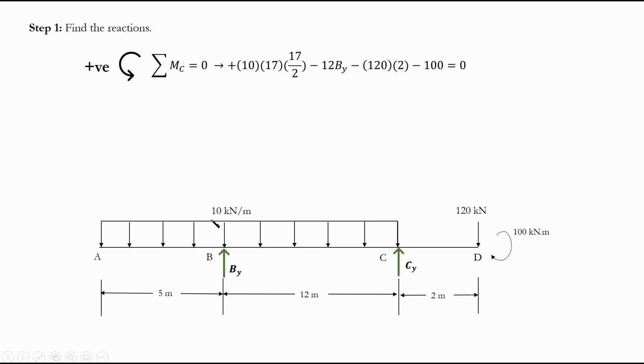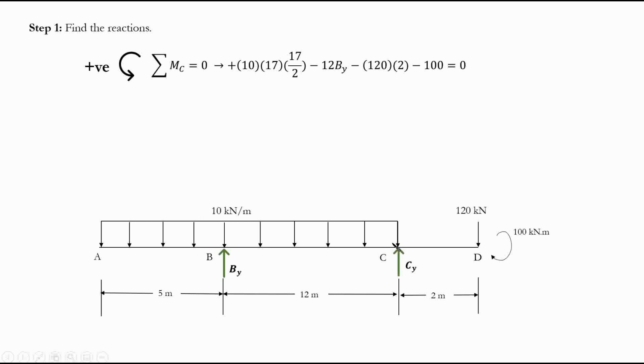Why? Because this distributed load is equivalent to a concentrated load right in the middle. So it's 10 times 17, which is 170 for our force, and the distance is 12 plus 5 divided by 2, or 17 divided by 2. And why are we doing all of that?